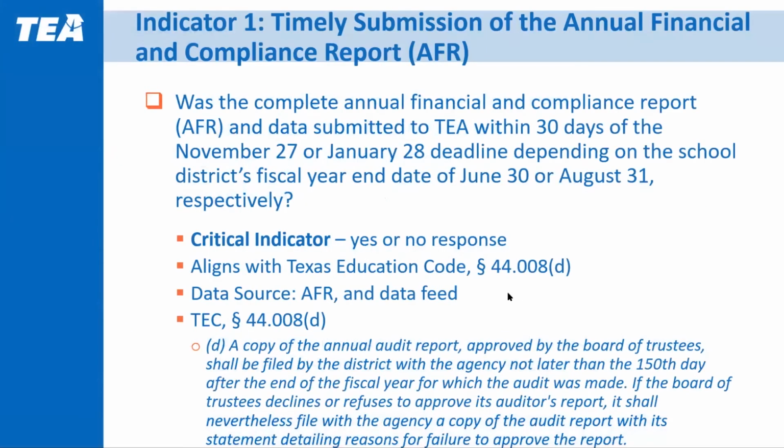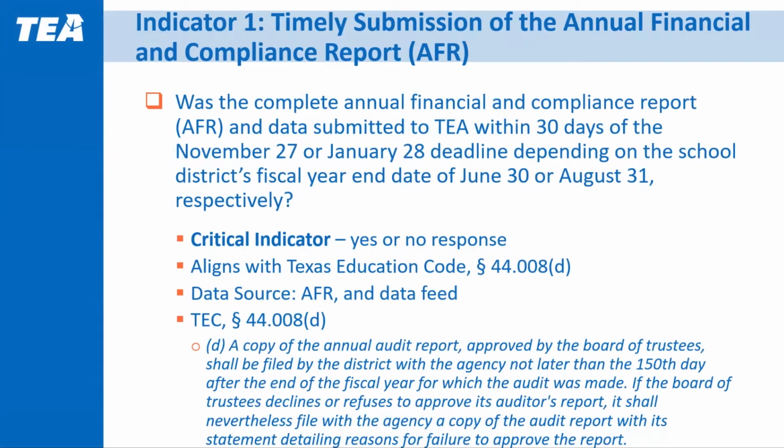Also, what I want to bring up for indicator 1, if you were a June 30th fiscal year for this year, and the first time that I am aware, we gave an extension because of the complications that COVID and the pandemic were creating for school districts.